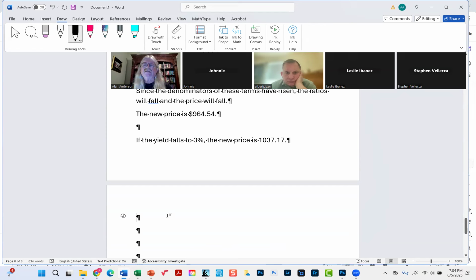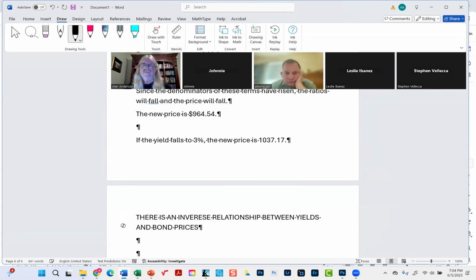So the bottom line is, and this is a very important result, there is an inverse relationship between yields and bond prices. Okay, so if interest rates in the economy go up, bond yields will rise as well, and bond prices will fall.